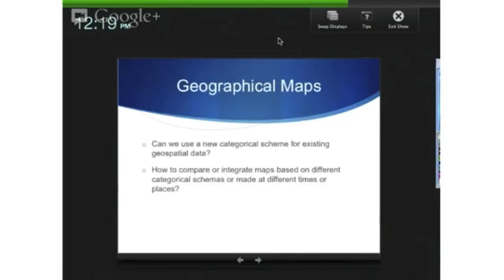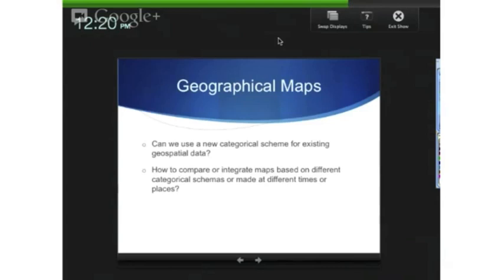Geographical maps are another important application that use classification schemas and are affected by conceptual changes. How do we deal with the situations when our categorical schema changes, but we need to use the geospatial data that is based on the previous schema? A good example is the Kyoto Protocol, where we have a new legend, but there's no accompanying New Zealand map for that.